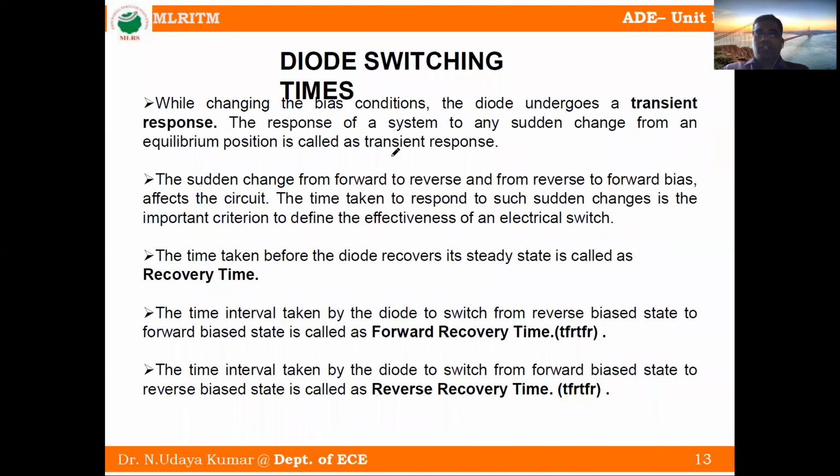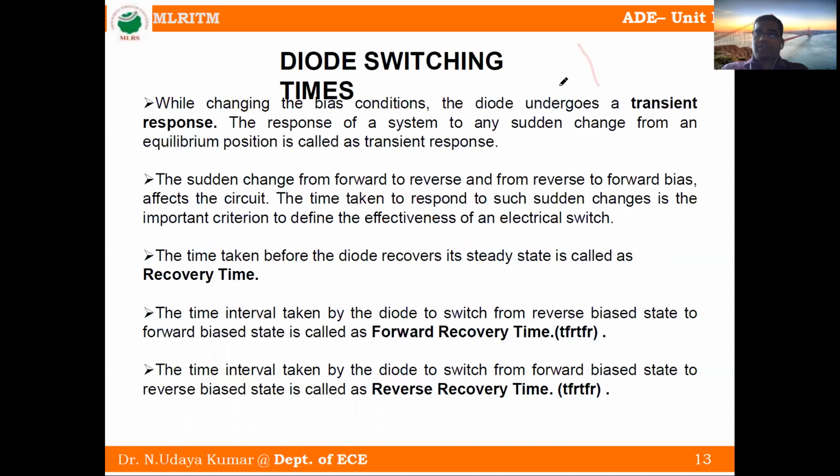Now we will see the diode switching times. Diode switching times means that while changing the bias condition, on or off, the diode undergoes a transient response. The response of a system to any sudden change from an equilibrium position is called transient response.